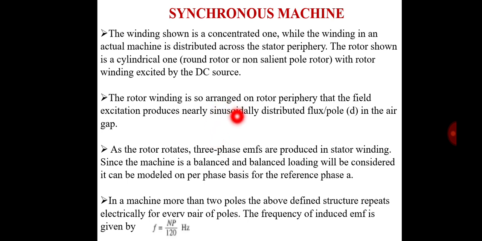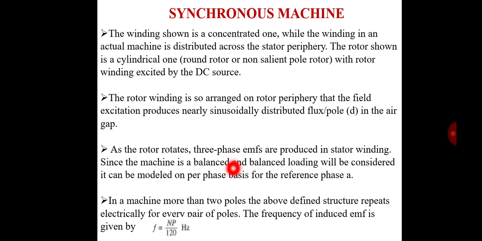The flux is produced. The field excitation produces nearly sinusoidally distributed flux per pole in the air gap. As the rotor rotates, three-phase EMFs are produced in the stator winding.